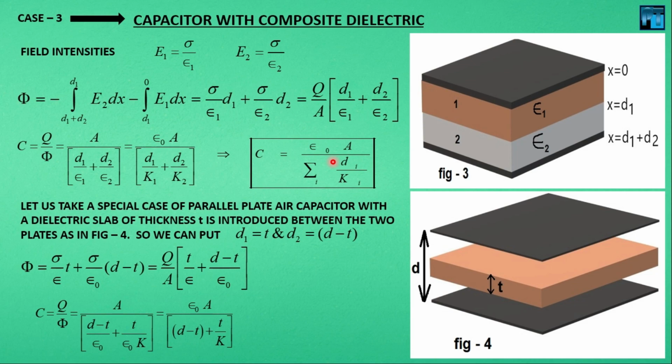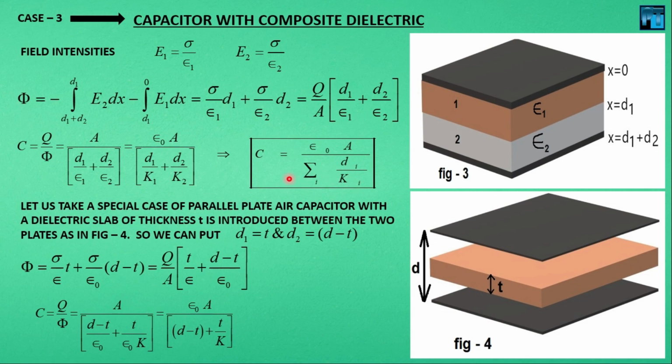Now these are all mathematical steps. What about the physical significance? See, in our previous cases we have C equals epsilon naught A by D, but here it is D by K, and here also some modified form of D by K. So the denominator is lower than in our previous results, and as a result the whole C will increase.